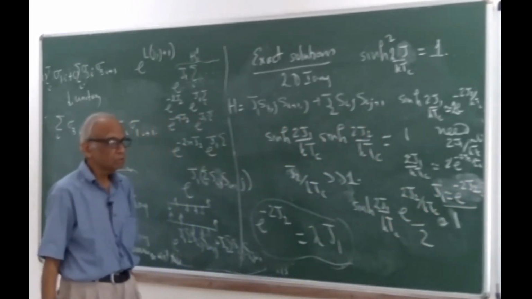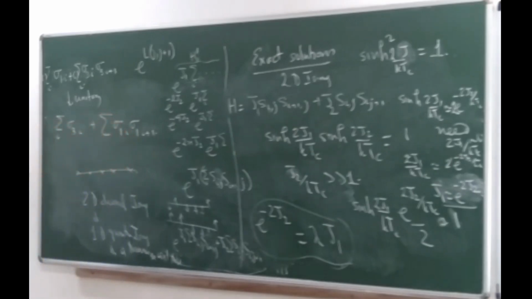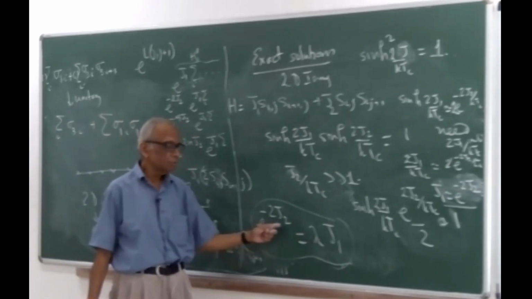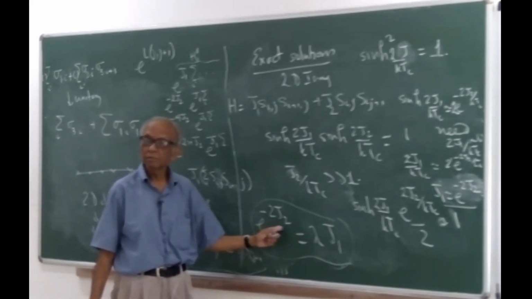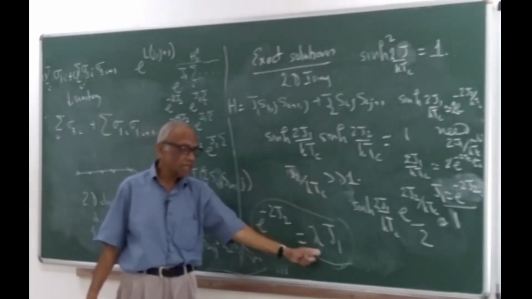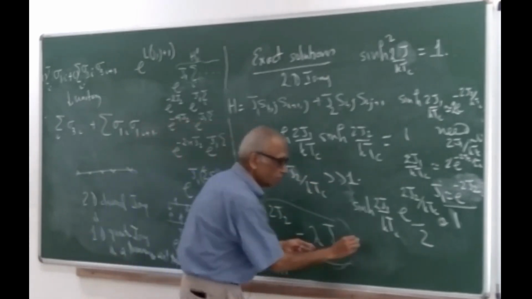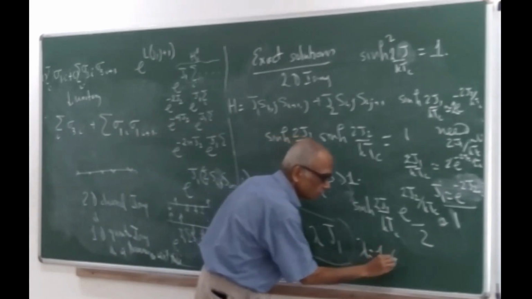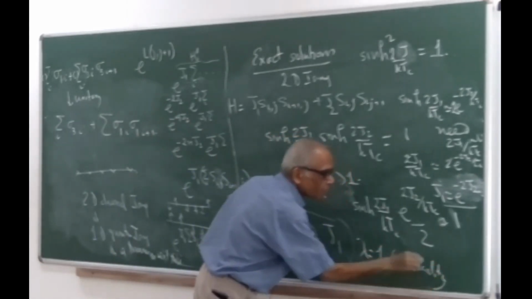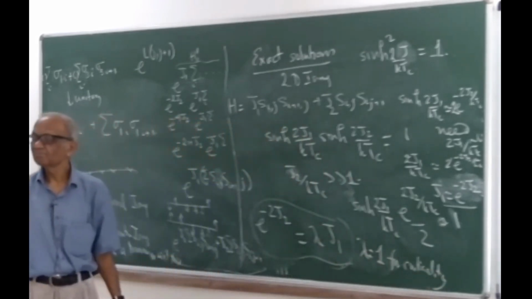Get the point? And that is the critical bit. So criticality is lambda equal to 1 for criticality. Correct?